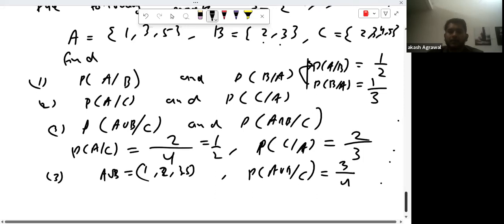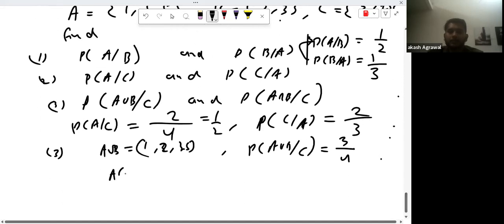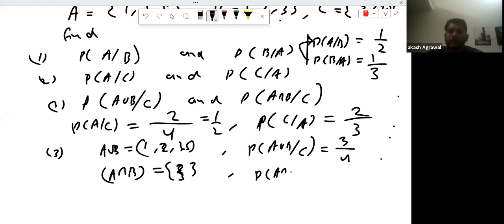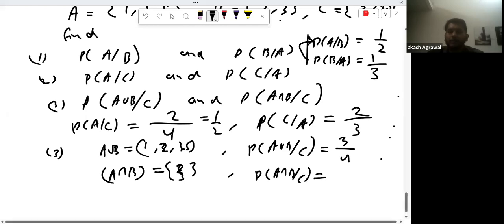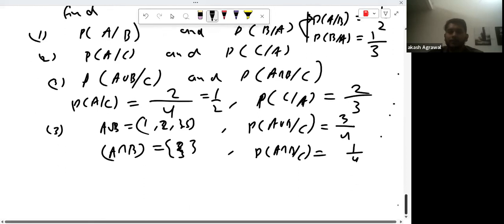Next question, A intersection B is only 3. And we have to find P of A intersection B given C. So common here is also 3. So 1 by 4.